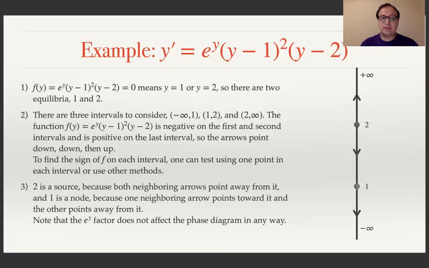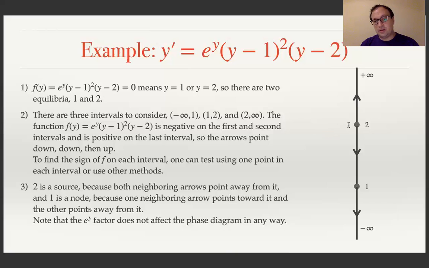So it's a semi-stable equilibrium, because one arrow points towards it and one arrow points away from it. What about the number 2? The number 2 is a source, or an unstable equilibrium, because both arrows point away from it.